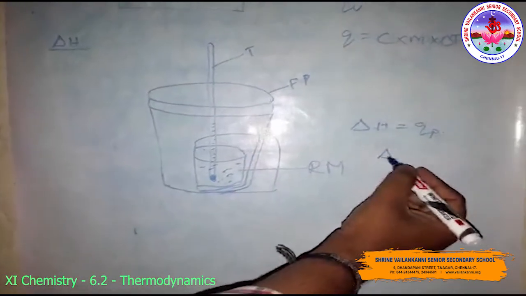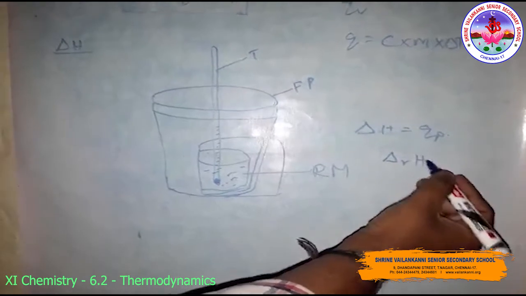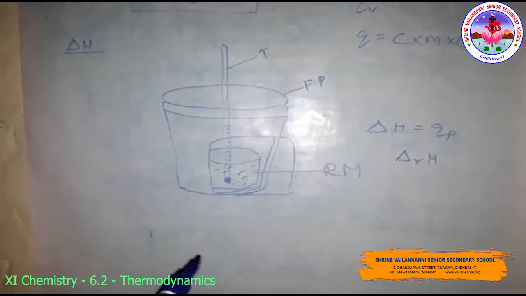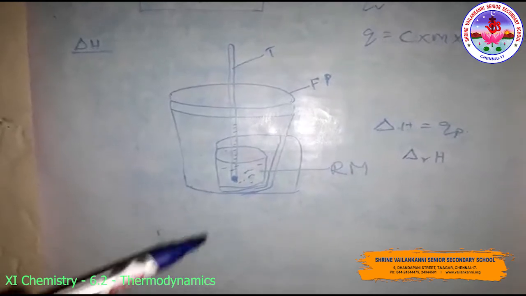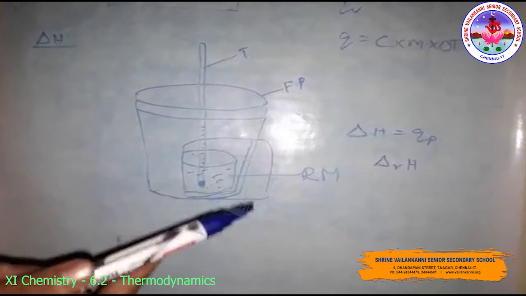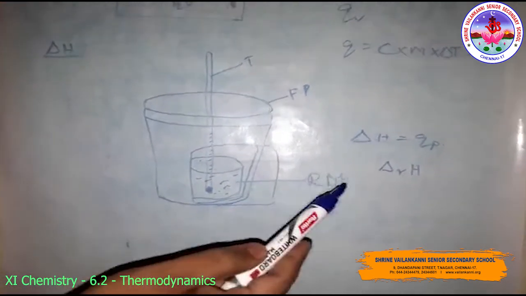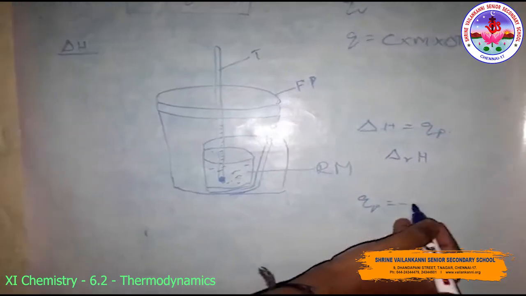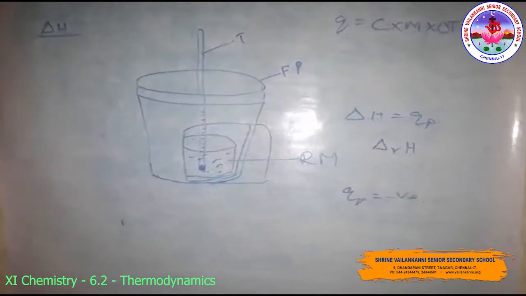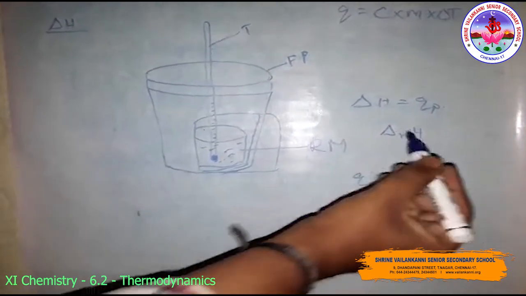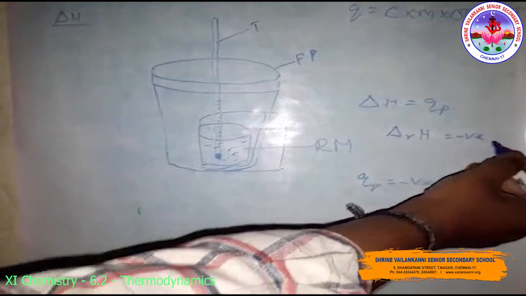So simply we can write enthalpy of a reaction as delta rH. In an exothermic reaction, heat is evolved and the system loses heat to the surroundings. Therefore QP will be negative, and the reaction enthalpy will also be negative.